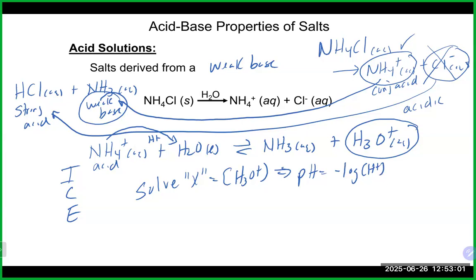And just like the one we talked about a second ago, you most likely will not have the Ka value given to you, which is what you actually need to use here because you produce H3O plus. So once again, you very commonly will have to use that Kw to go from a Kb. You most likely will be given the Kb value of NH3 in this case, and you would have to convert it into the Ka value and solve for it. Any questions on that there?